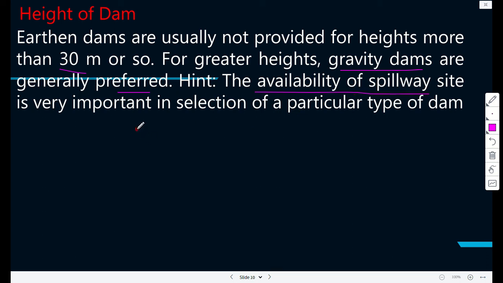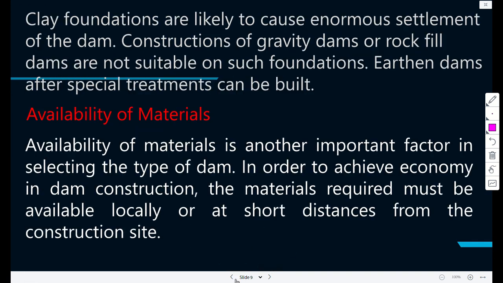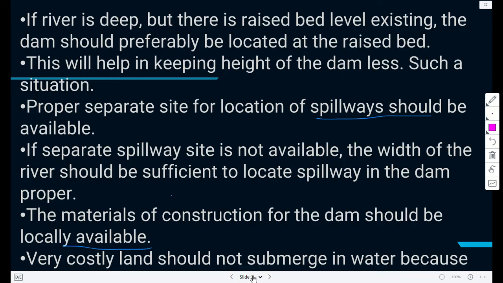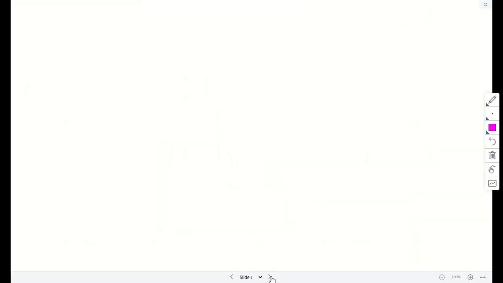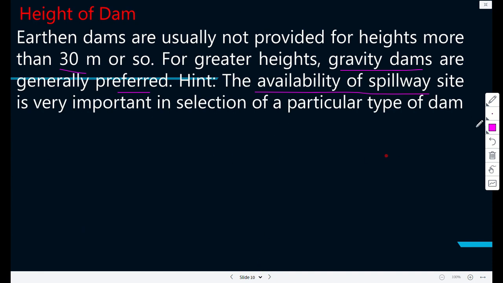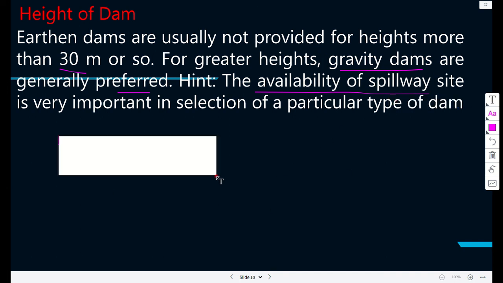Please also note that another important factor, which is not captured here, is the availability of spillways.